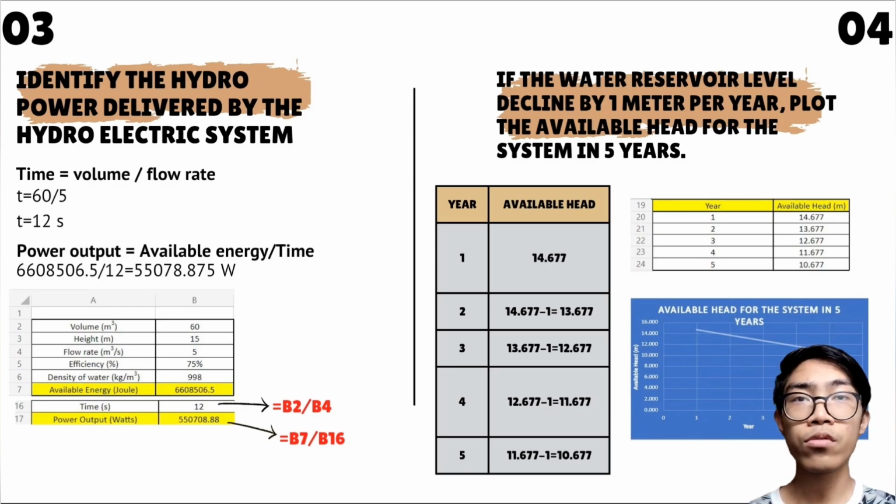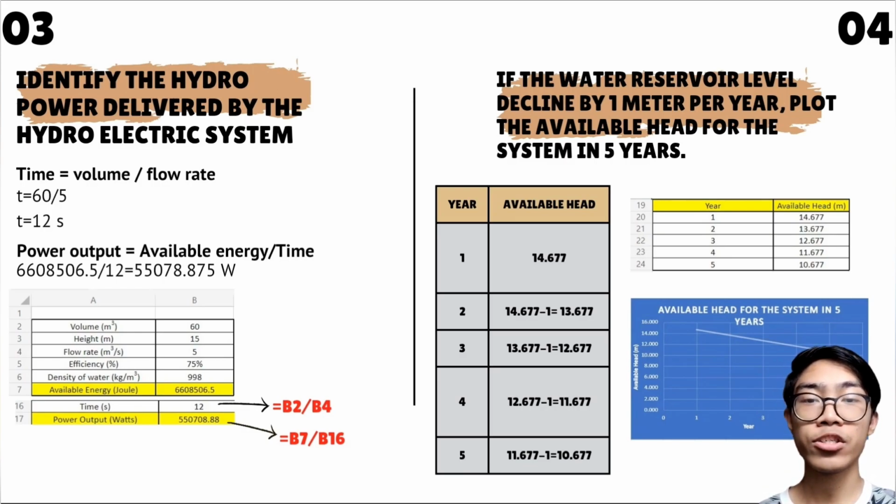Time is equal to volume over flow rate, where volume is 60 meter cube and flow rate is 5 meter cube per second. When we divide those two, we get the time, which is 12 seconds. By dividing the available energy by time, 12 seconds, the power output will be 55.08 kilowatt.